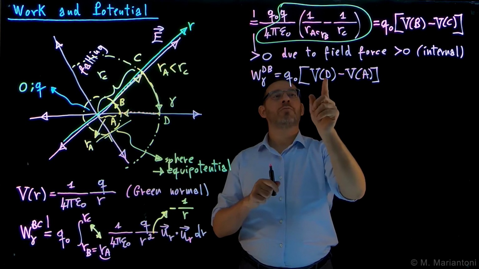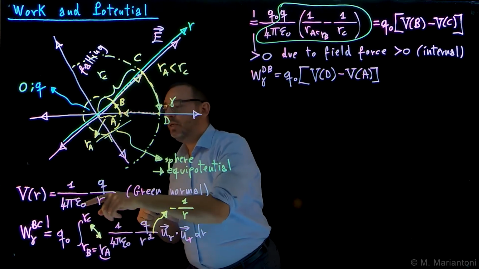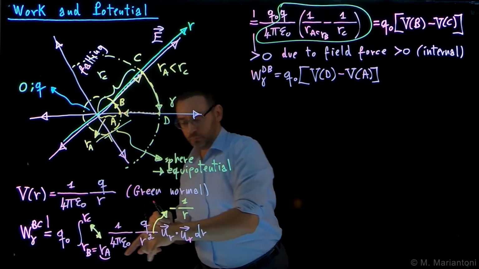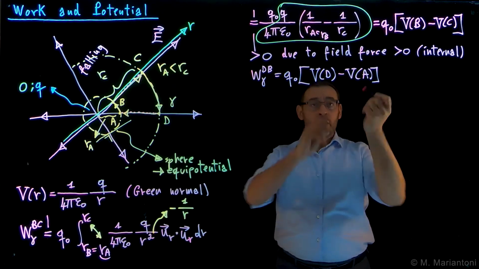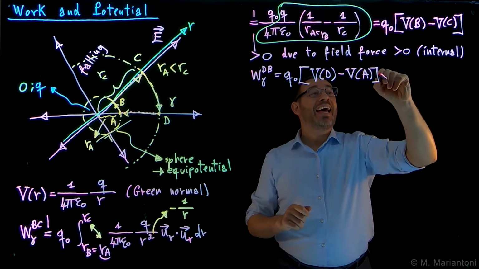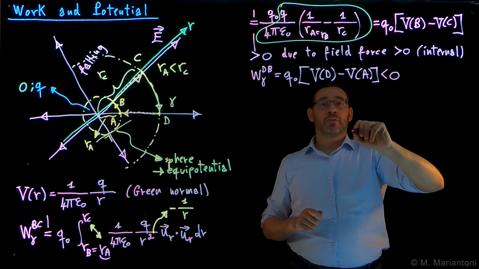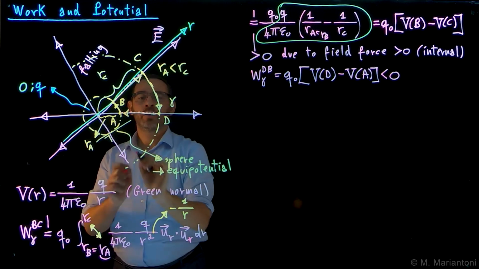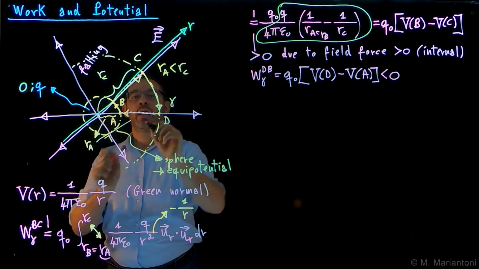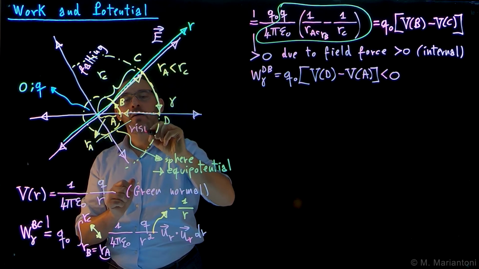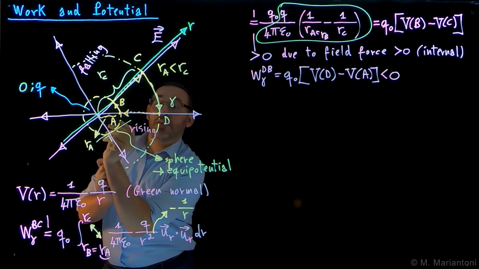And again, the reason why I go from D to A is because there is a minus in here. All right, so in this case, this quantity is less than 0, is negative, okay? Which means in this case, on this segment here, I'm rising along the field lines.